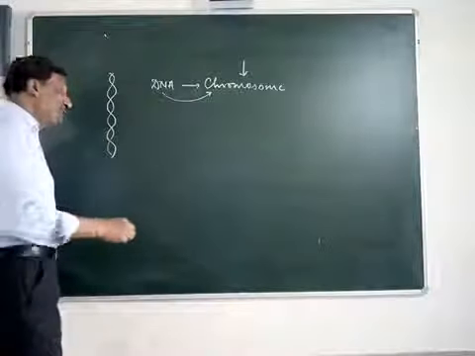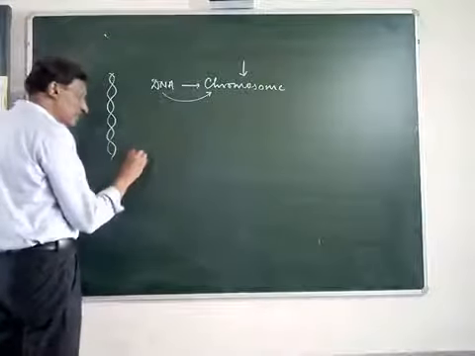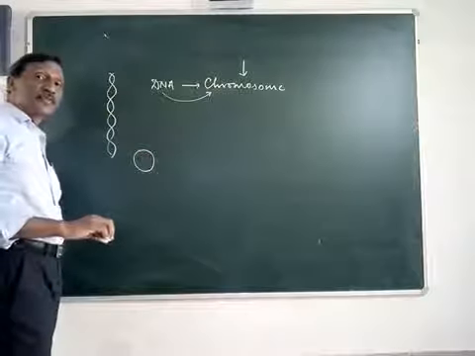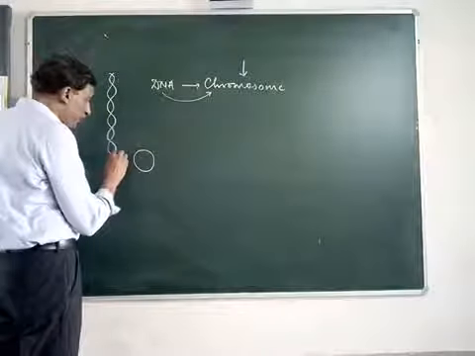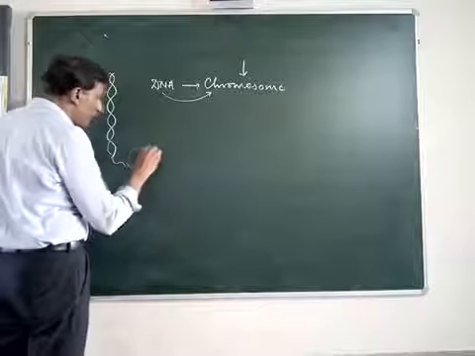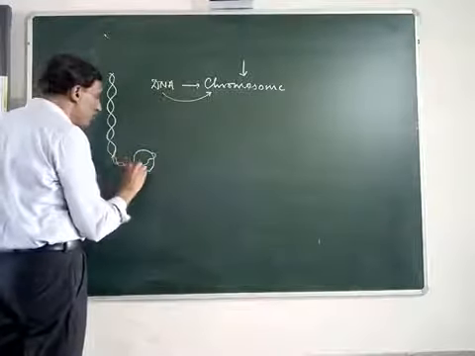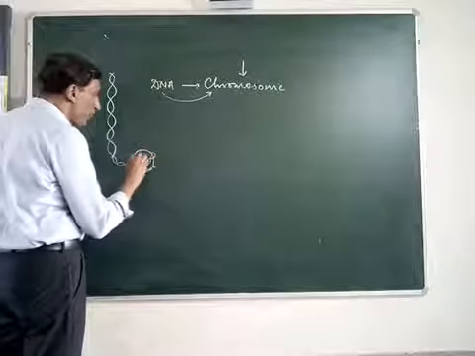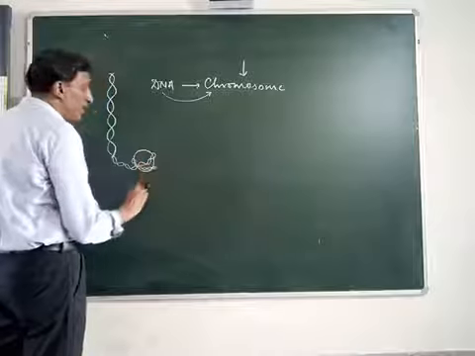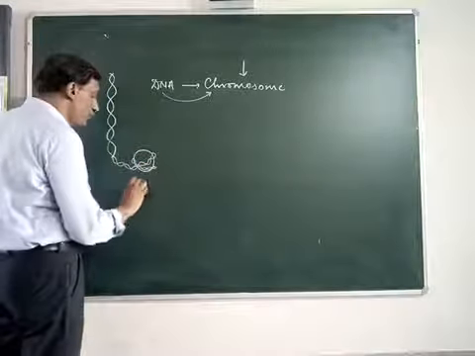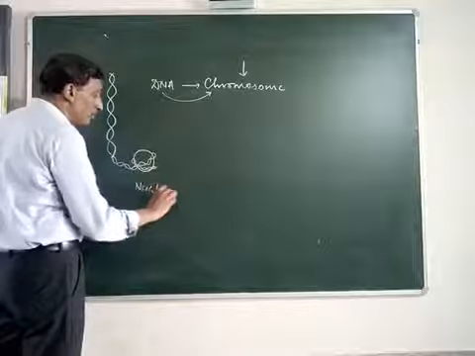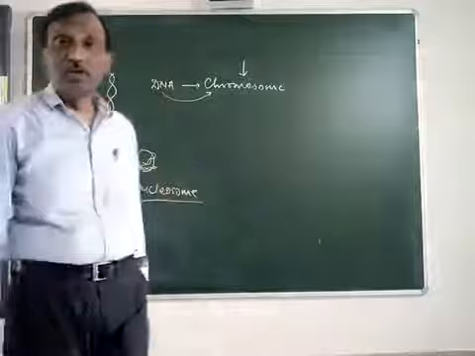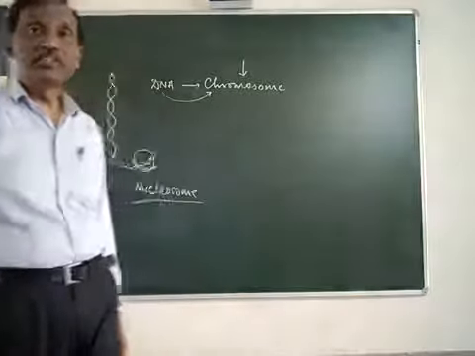And this double helical DNA encircles a histone protein, which is positively charged, in such a way that it takes around 2 and 3/4 circles, and now it is known as a nucleosome. A very important question is asked on the board: what is a nucleosome? You must know what a nucleosome is.